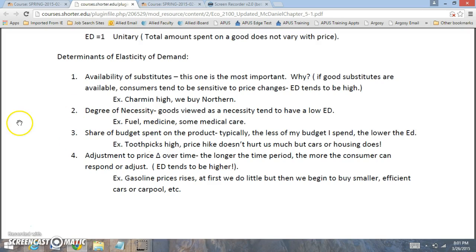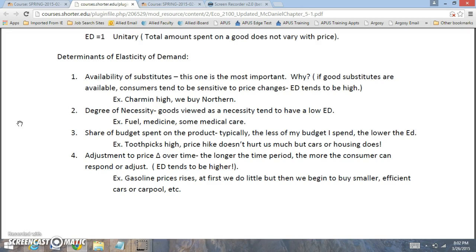Share of budget. Share of budget is looking at how much of our income we spend on something compared to our income. If it's a large portion of our income, it's more elastic. If it's a small portion of our income, it's more inelastic.